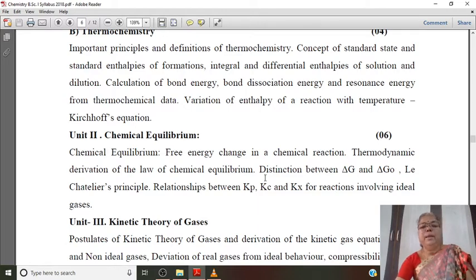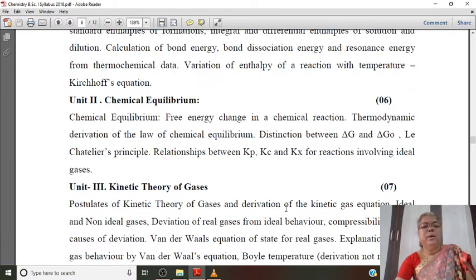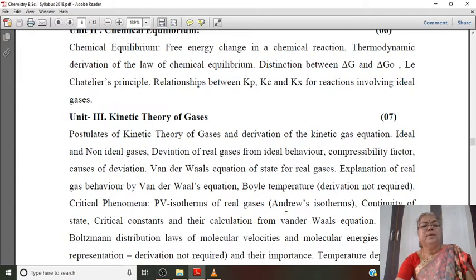Then I will introduce unit number 3, the kinetic theory of gases, and we have to finish this unit within 7 lectures.